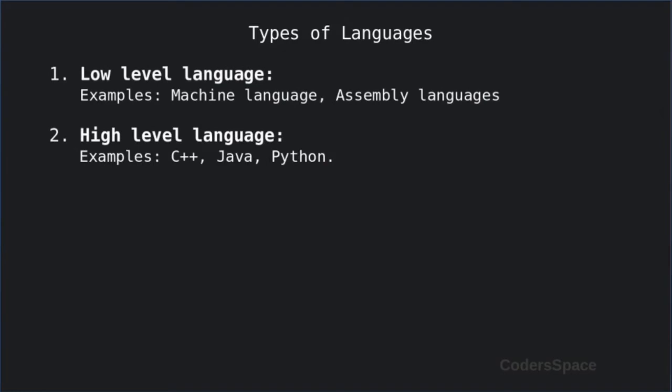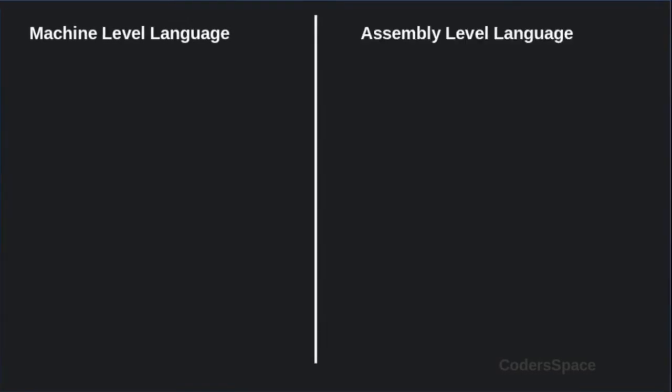Machine level language and assembly language are examples of low level languages, whereas high level languages include C++, Java and Python. Let us see what machine level language and assembly level language are. Machine level language contains series of ones and zeros.